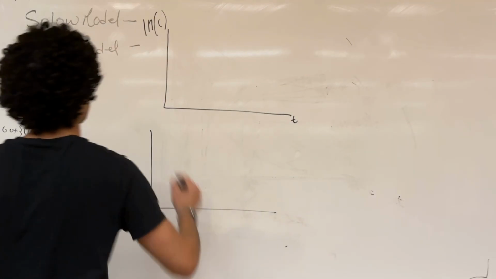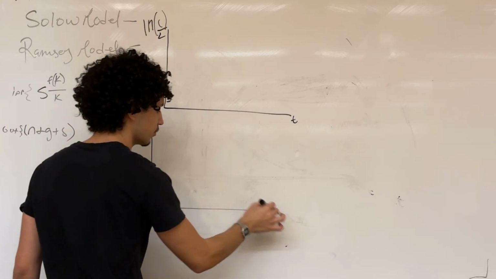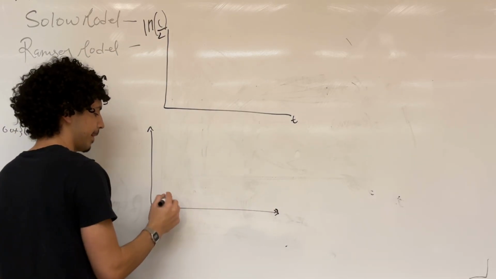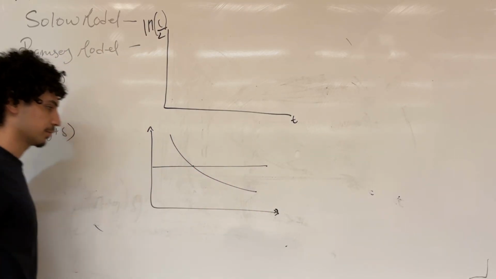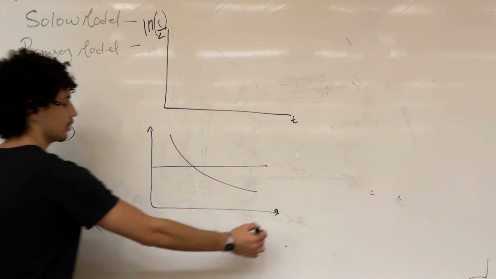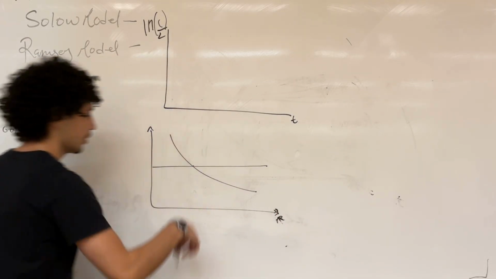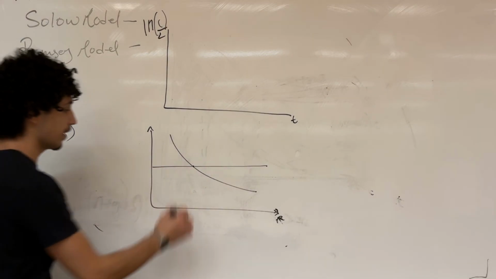We'll do this as C over L, consumption over labor. And this is just the normal graph. Okay, so this is optimal consumption. Here we have the golden rule. Here's the golden rule.